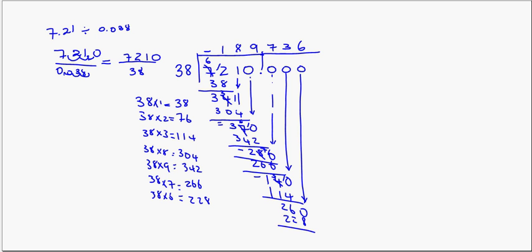And that will come down to be 2 and 3. But what are you going to put the answer as? If you have to go to 2 decimal places, now you could make a decision, because this number is 5 or more. So this here will become 189.74.